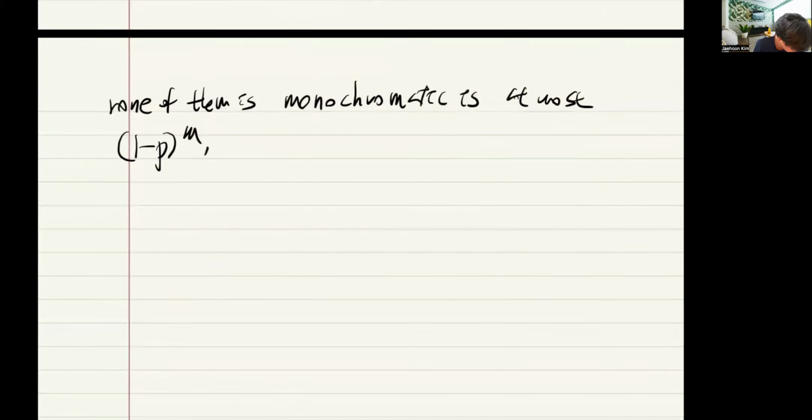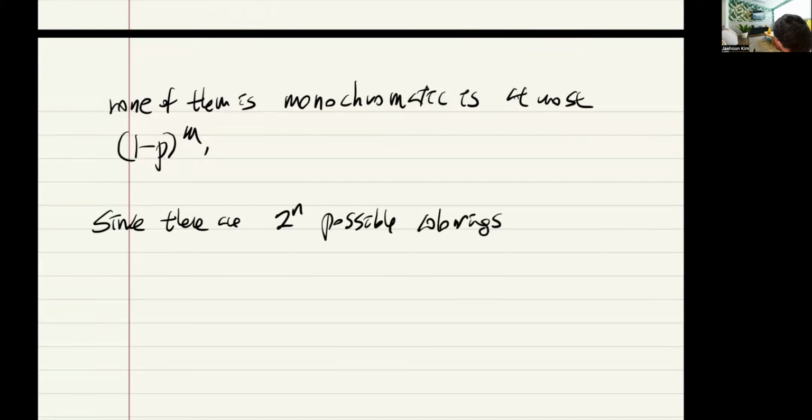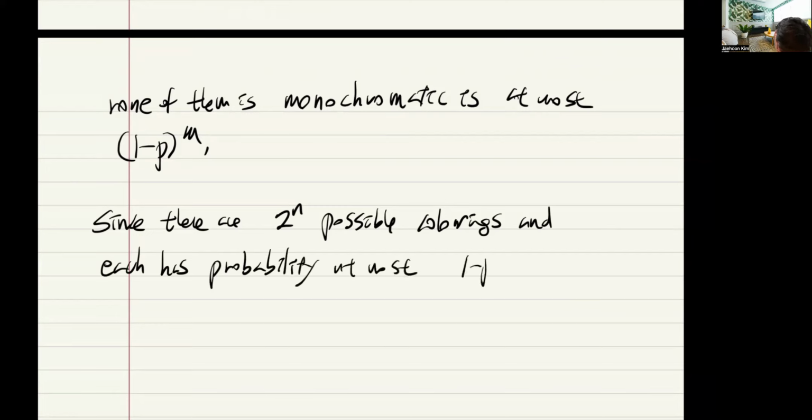So this is at most (1 minus p) to the m. But since there are 2 to the n distinct possible colorings, and each has probability at most (1 minus p) to the m of being a proper two-coloring.